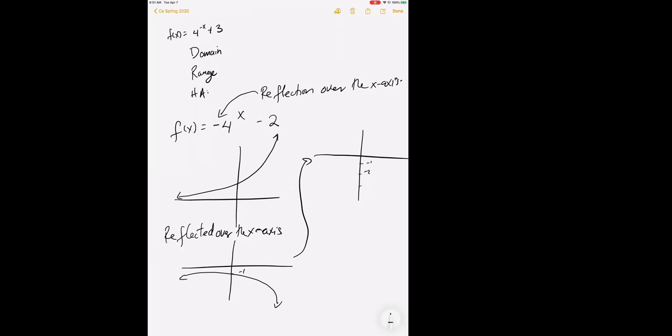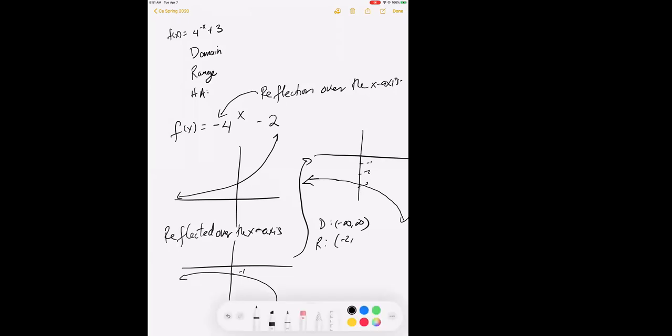-1, -2, -3. The graph will look like this. That would be the graph right here. So your domain would be this. Your range would be down to, right? Negative, yeah. So it'd be -2 to, it's backwards.